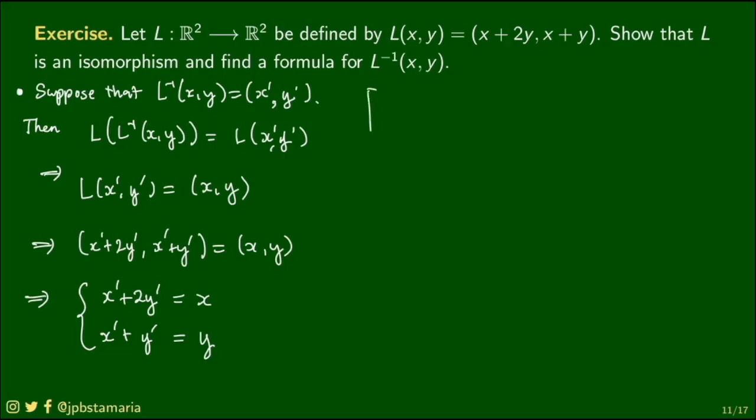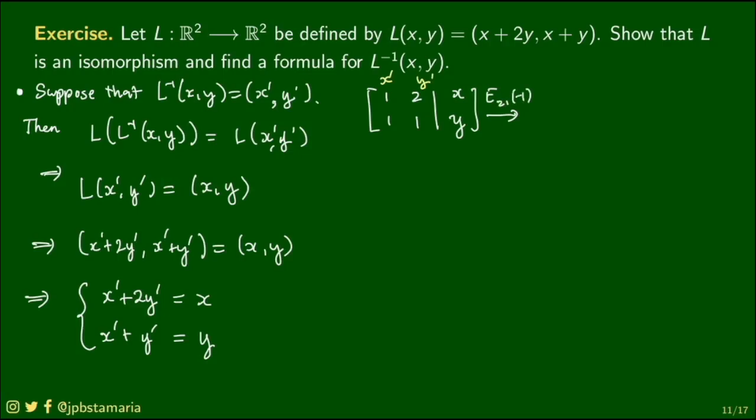So I'm going to do this: 1 2 x, 1 1 y. So here the unknowns are x prime and y prime. So I'm going to use Gauss Jordan just like before. We did this before. Had I known, I would have done this with the one before, but let's just redo everything.